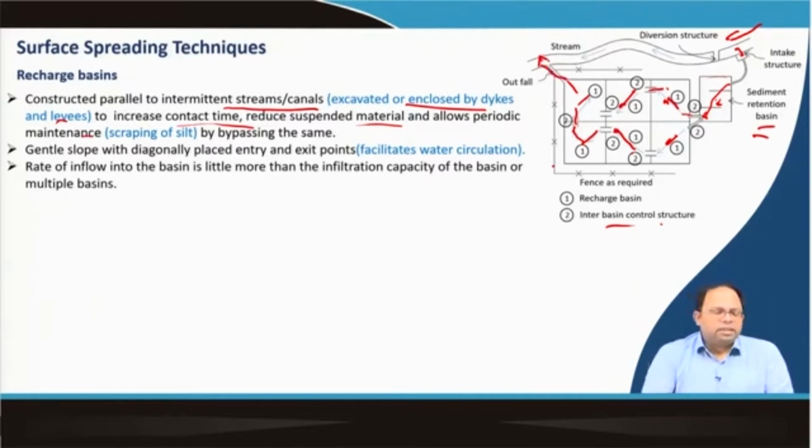So, this is how we design a recharge basin. We give a gentle slope with diagonally placed entry and exit points which facilitate water circulation, and the rate of inflow into the basin is a little more than the infiltration capacity of the basin, or it could be multiple basins as well. As you can see, we have sediment retention basins, levees which are protection walls around the basin, and multiple basins connected by inter-basin control structures allowing movement of water.